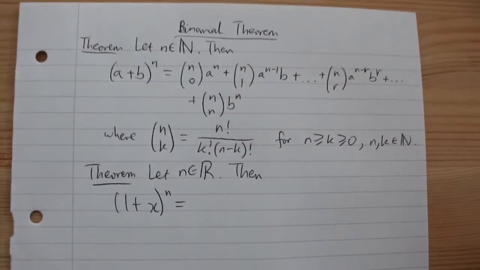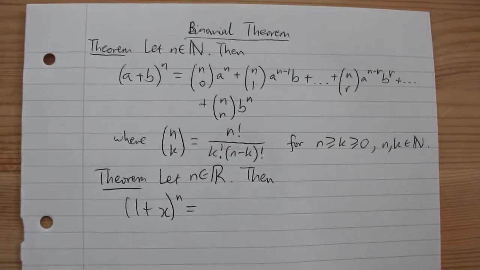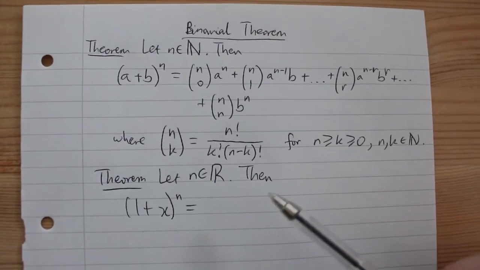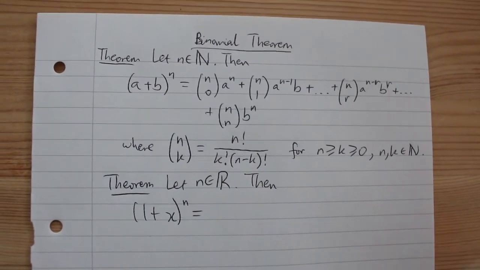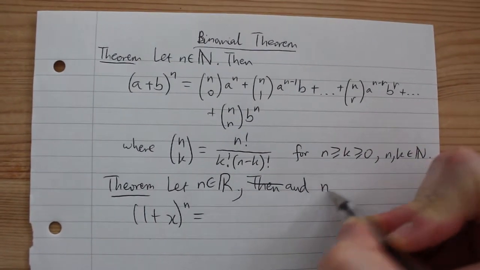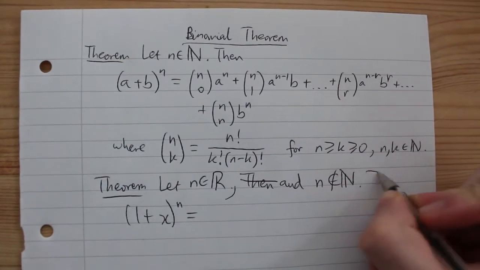If we let n be a real number, sorry, I should have said n is a real number but n is not a non-negative integer. So let n be a real number and n is not a natural number.